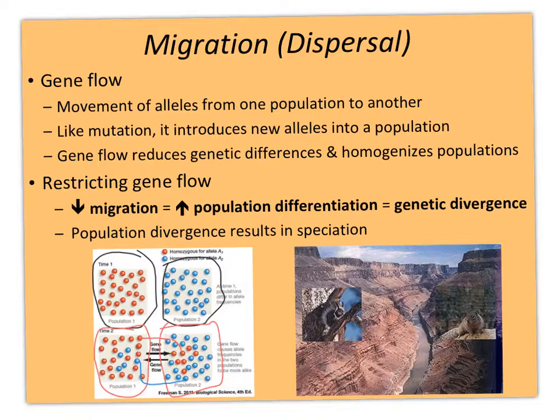It will restrict migration so there's no more exchange of genes. Because of that, populations will differentiate, and there will be genetic divergence. And finally, a population under this scenario could end up as two different species.